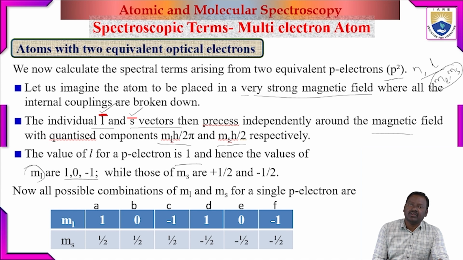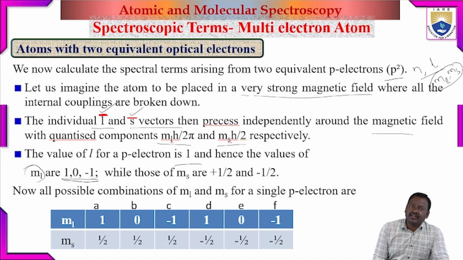So 3 possible ml values are there for the p electron. There are 2 p electrons in the same subshell, so each one can have any of these values, 1, 0, minus 1.